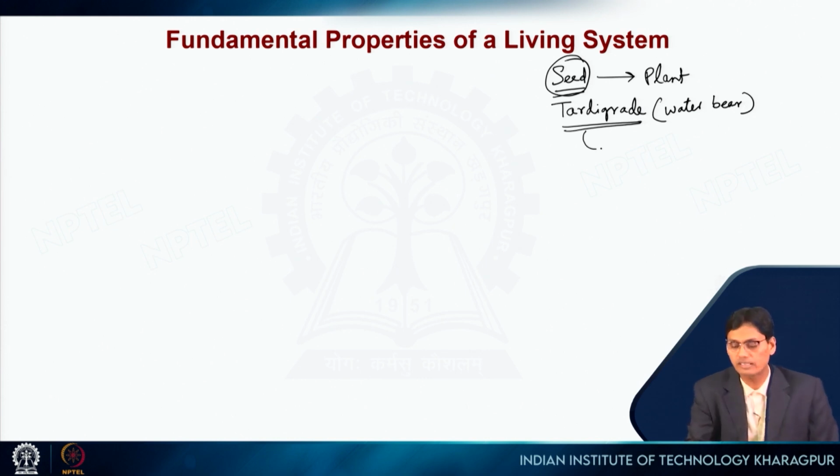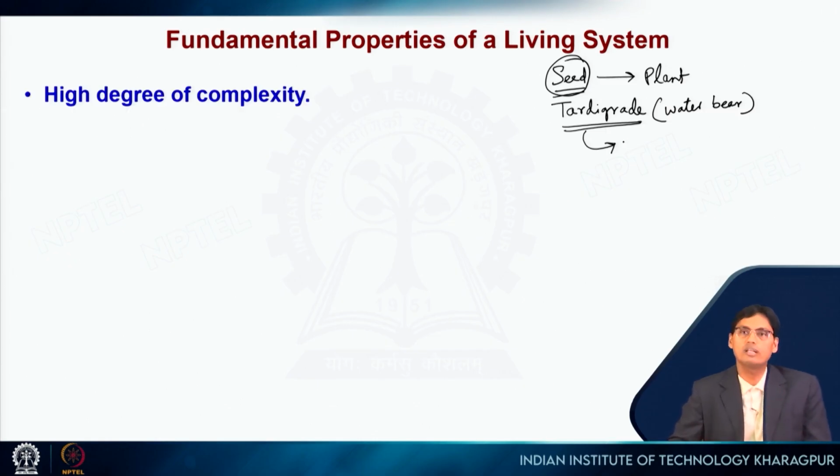Whenever it gets the proper environment, optimal conditions, it will again be in its proper form. It can again walk, it can go from here to there. So, understanding the chemistry and the mechanism of how the tardigrade maintains this property in harsh conditions is important. It can just stay as seemingly non-living stuff, but actually life is there, and in proper conditions it can go around and show that it is alive. So, let us discuss those fundamental properties rather than defining what life is.